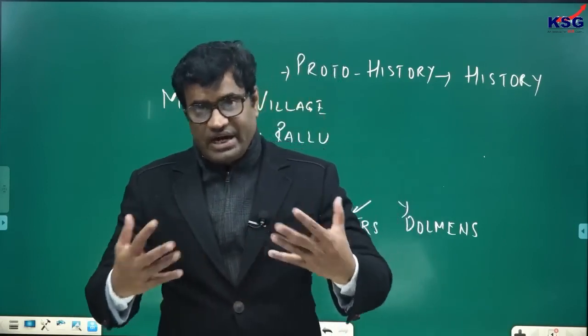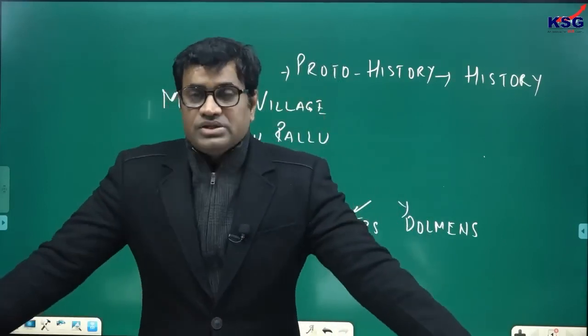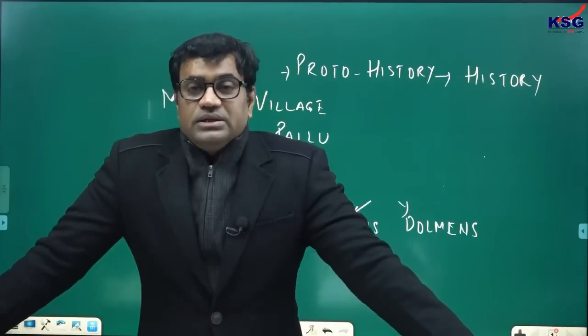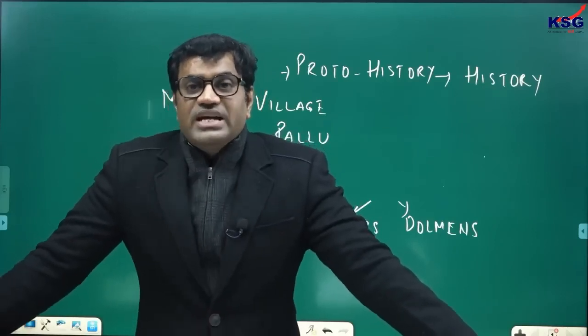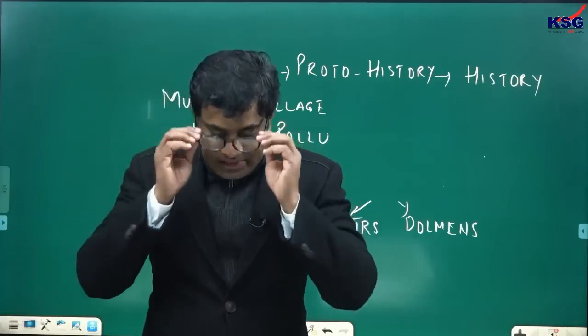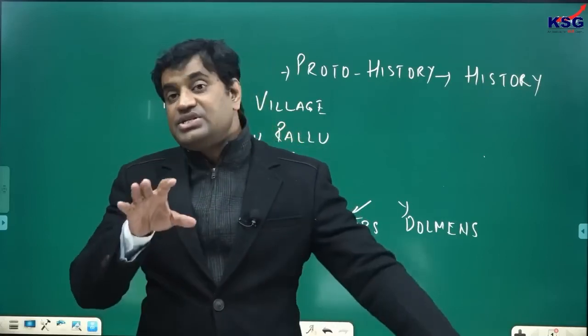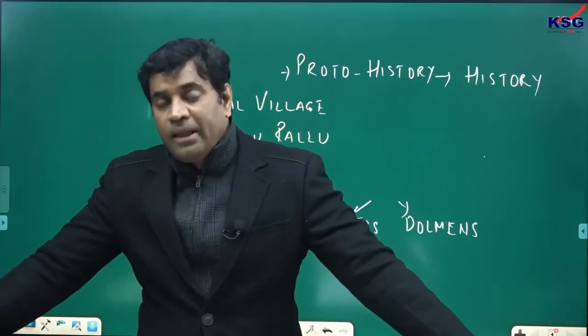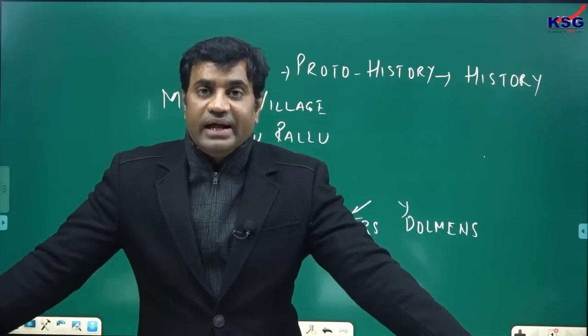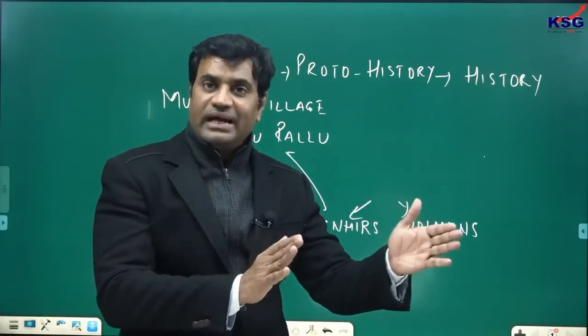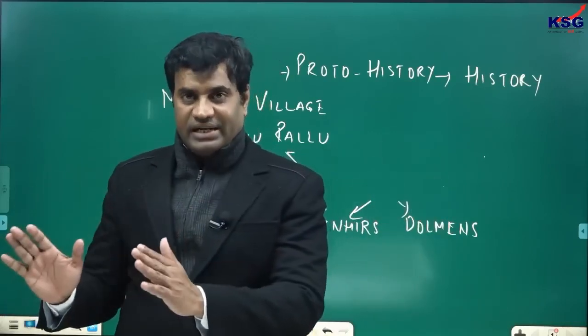Now coming to UNESCO, first of all, UNESCO is a specialized body of the United Nations that recognizes major sites all across the world to be included in the World Heritage Site list, in both the tangible and intangible categories.